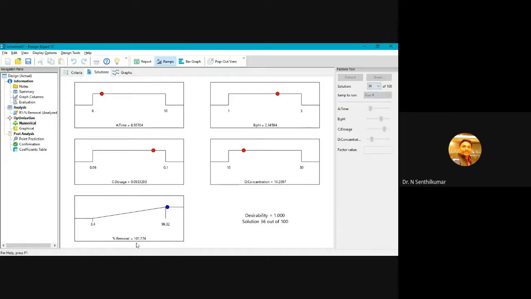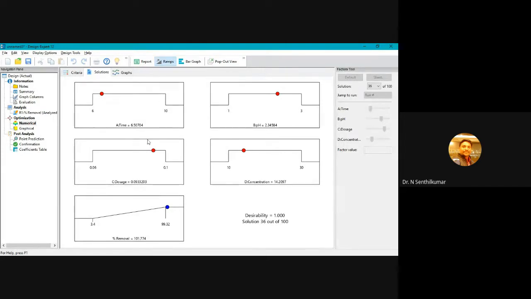So the percentage improvement efficiency will be higher, that is beyond the limit when we are going with the time. So time should be 6.5, the pH value is also reduced, and the dosage should be higher and the concentration should be lower.